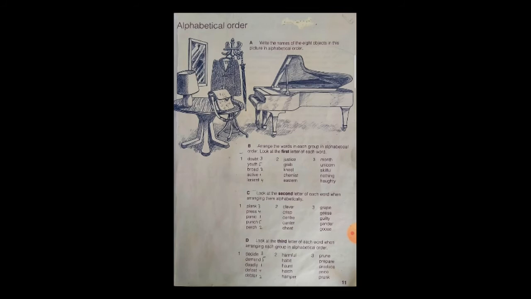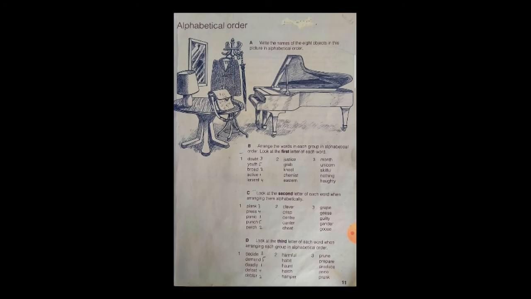Now look at exercise C. Look at the second letter of each word when arranging them alphabetically. We have to arrange these words according to the second letter. The first letter is the same in these words. Look at number one: plank, press, panic, punch, purge. So the first letter is the same. So look at the second letter.